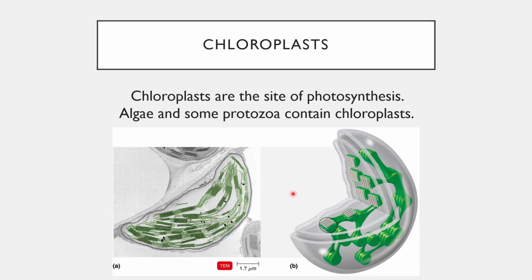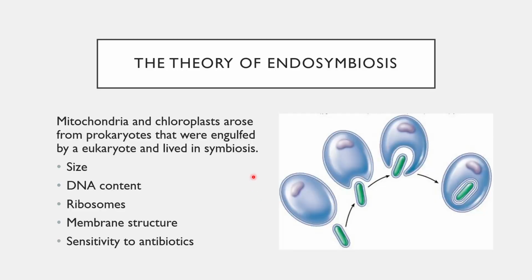So why do we focus on just these two organelles, mitochondria and chloroplasts? Well, these two organelles are the focus of an important theory that actually unifies our understanding of how eukaryotic cells evolved from prokaryotic cells. And that theory is called the theory of endosymbiosis.